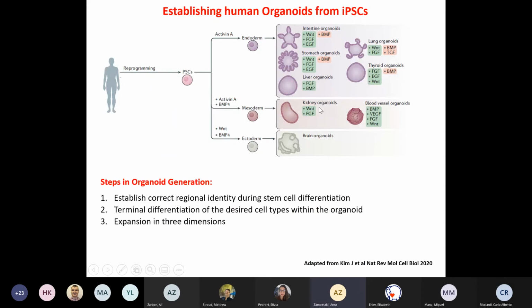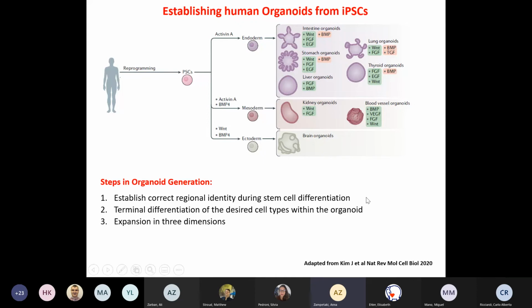Several protocols have been established for different organoids. And these protocols actually have 3 steps. In the first step, you establish the regional identity, the embryonic layer that you direct the differentiation to: endoderm, mesoderm, or ectoderm. Then you terminally differentiate to the desired cell type.